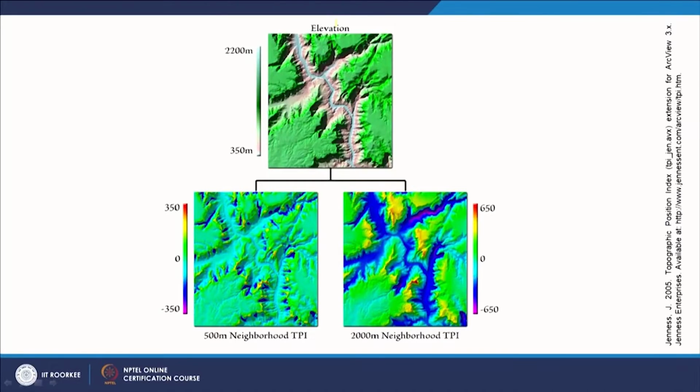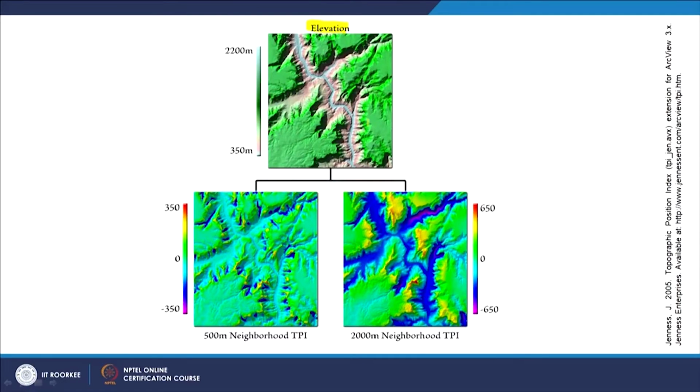Now, instead of the schematic, if we take an example of a real one, the top one is the elevation, that is the digital elevation model shown with the shaded relief model, and as you can see, there are valleys, hilltops and flats.